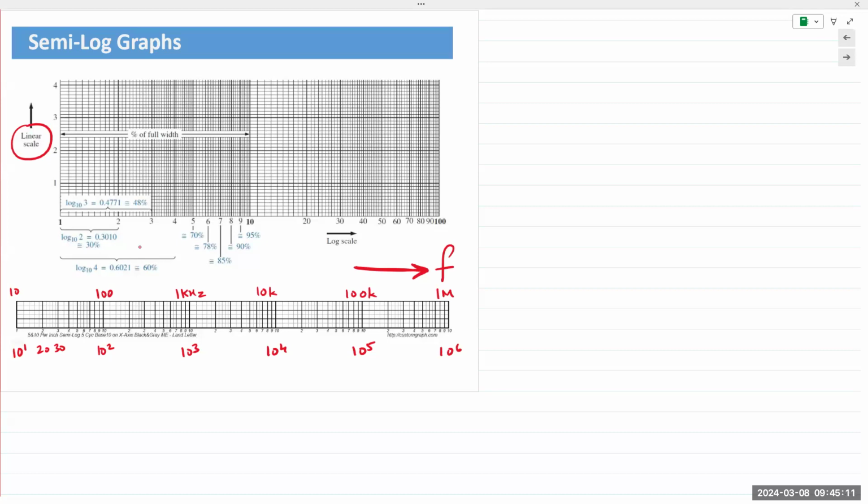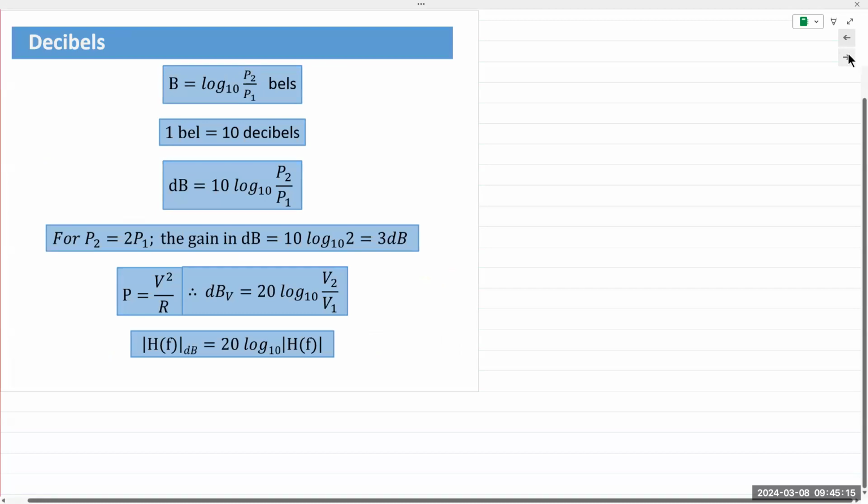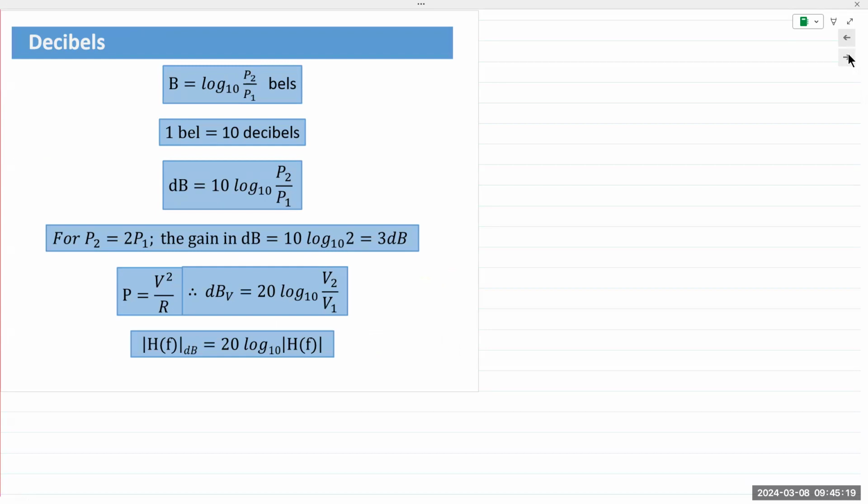On the y-axis, we have the magnitude of the transfer function, but that also is compressed. This initially came about because some telephone engineers were working on the power lost during transmission from one end to the other. They were trying to quantify the ratio, and what they discovered was that the transmitted power at the input end was quite large and the received power was quite small.